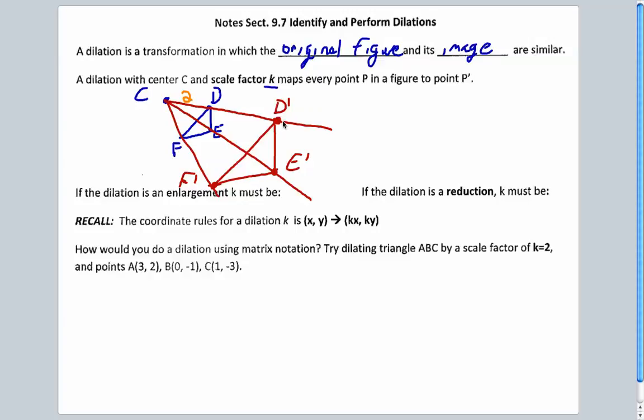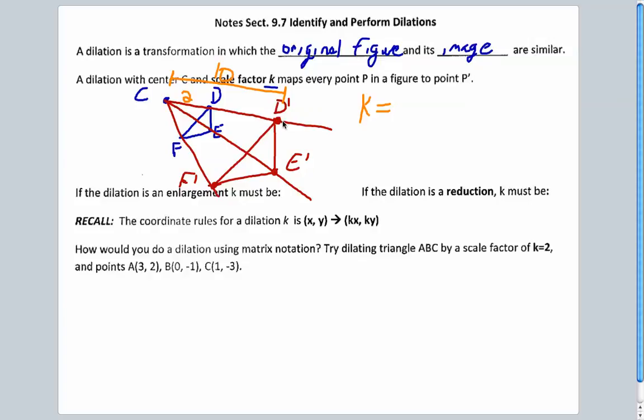Okay, and let's say the distance from C to D prime, the whole thing here, from C out to D prime, this is very, very important, the whole thing from C to D prime is 10 units. Okay, the distance from C to D prime, not D to D prime, but the whole thing, is 10 units.